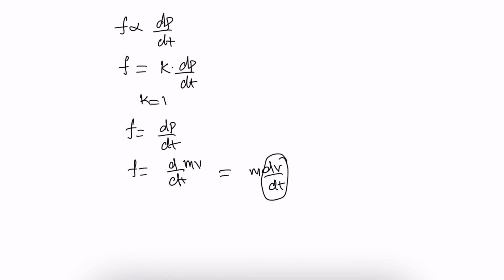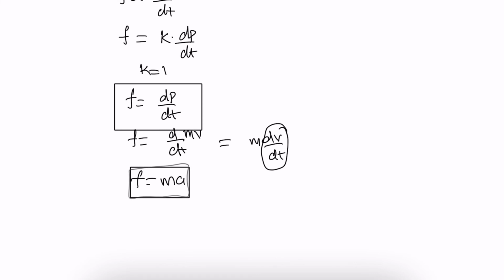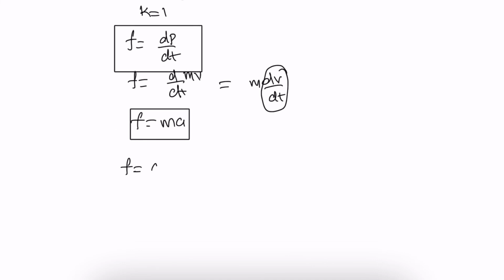You know that dv by dt is nothing but acceleration. So F is equal to ma. Actually this is Newton's second law: F is equal to dp by dt. If mass is constant, then F is equal to ma.